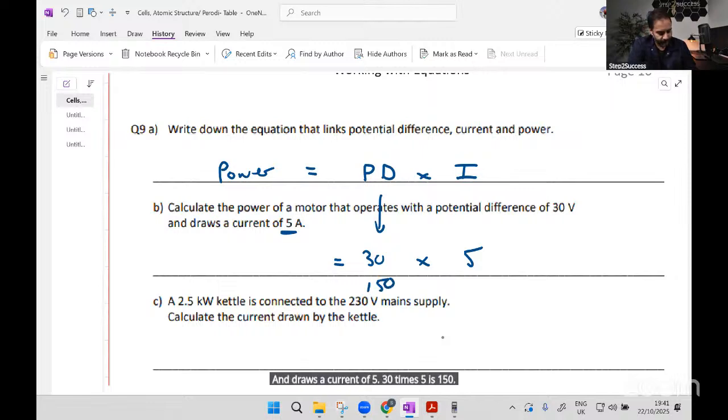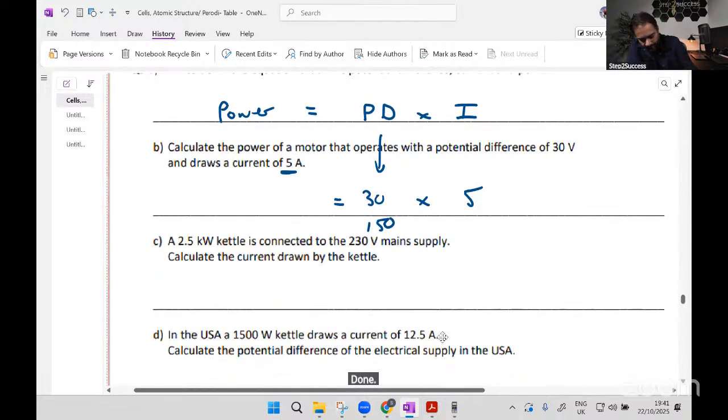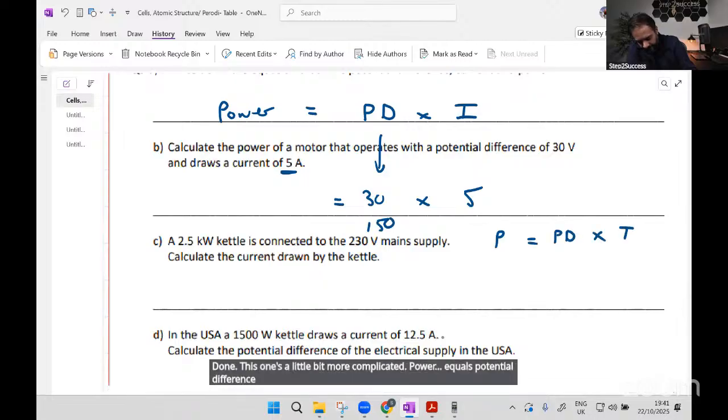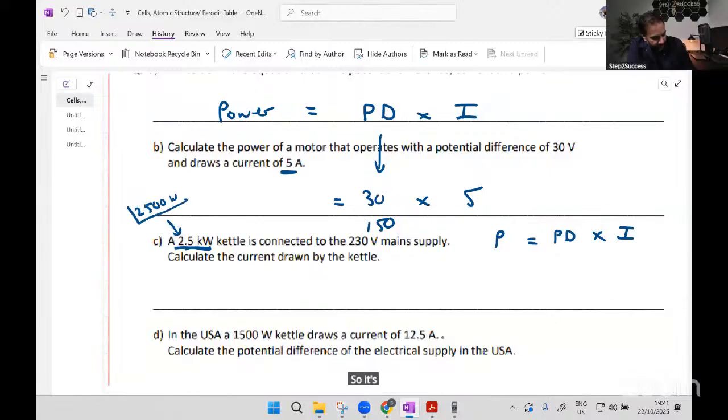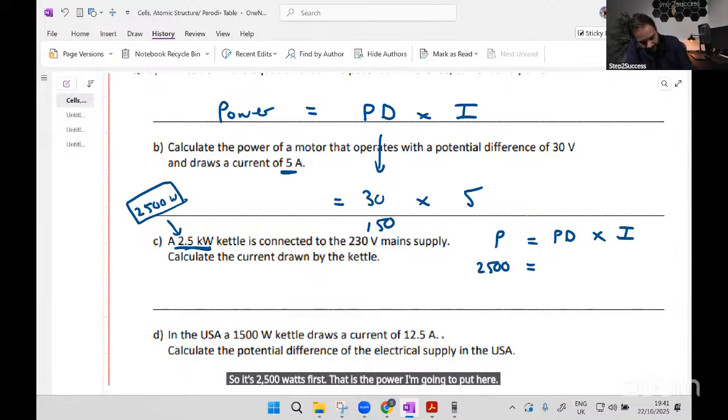Done. This one's a little bit more complicated. Power equals potential difference times current. The reason this is more complicated is because of these units here. These kilowatts have to be turned into watts by timesing by 1,000. So it's 2,500 watts first. That is the power I'm going to put here. That is a potential difference.